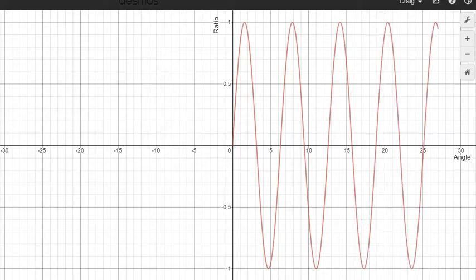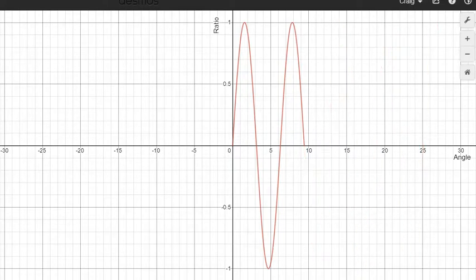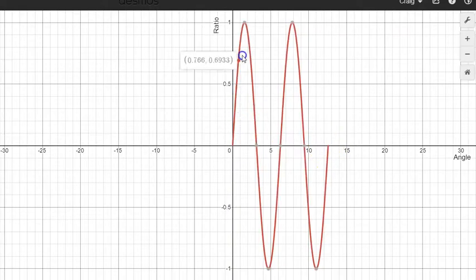Between 0 and 2 pi there, we've got one rotation, or one period of the function, and if we increase it to 2, so 2 times 2 pi radians, so 4 pi radians, the function itself repeats twice over.